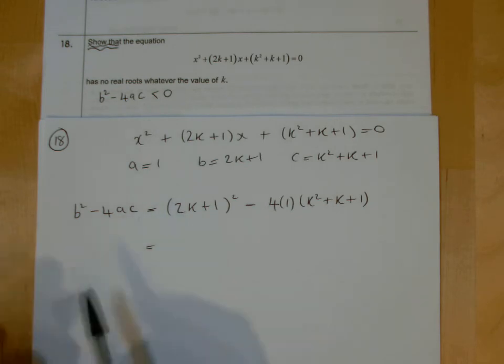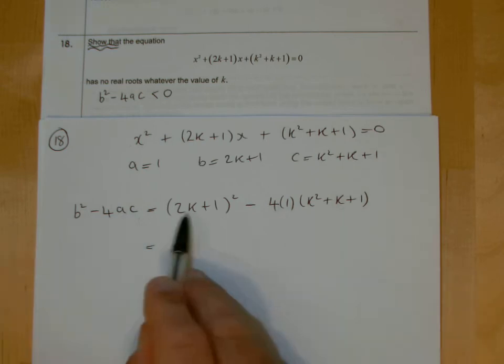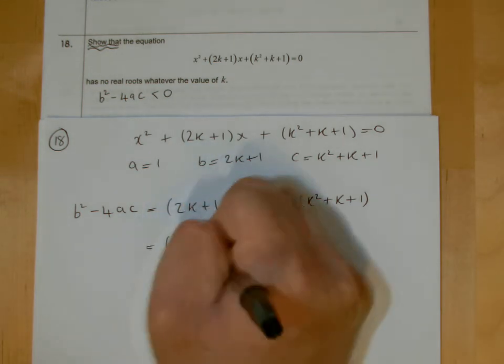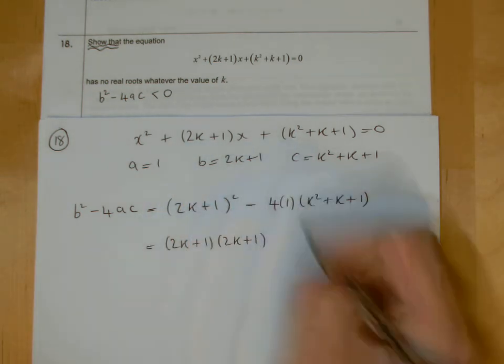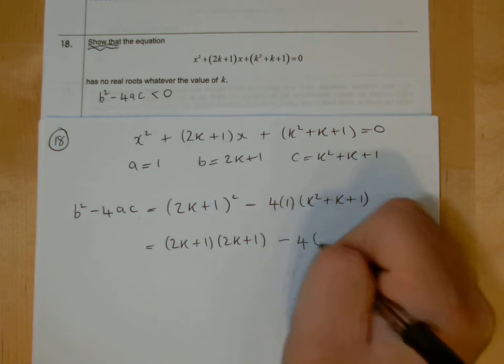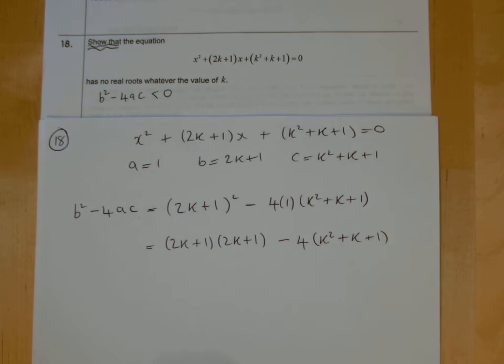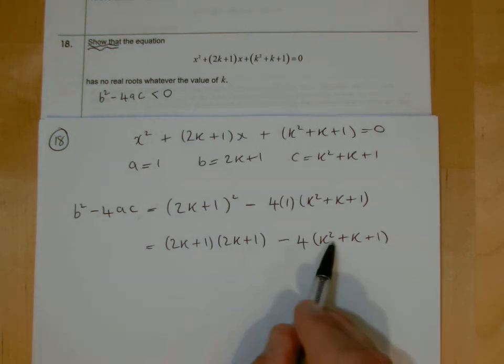So I could say, look, it's less than 0. So if it's less than 0, it's got no real roots. Because this is a bracket squared, I'll write that out twice before I expand it. And here maybe we can tidy that up and do 4 times 1, which of course we know is 4. So let's start expanding this, and we'll expand that as well.